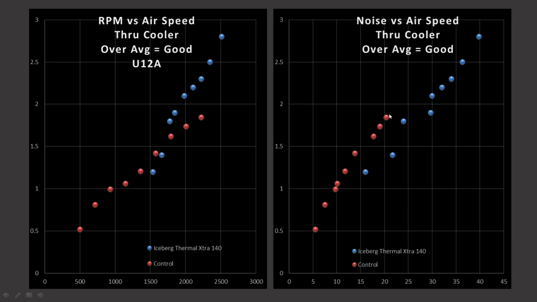So I know that we topped out the control fan at its value, which is like 2,200 RPM. But the Iceberg Extra just is very noisy for how much air it moves. But again, it's moving a lot of air, so you can't have a perfect fan.